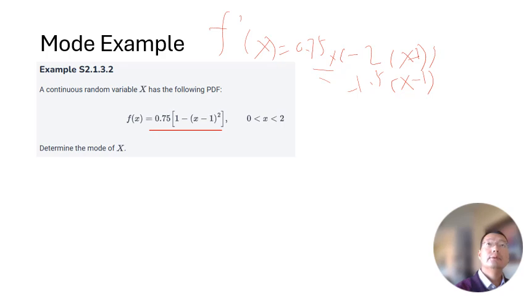And if you set this to be 0, then x equals 1. And to check what we said earlier, f''(x) has to be less than 0 in order for it to be a maximum. So let's just calculate f''(x) for the sake of it. f''(x) is, taking another derivative of f'(x), negative 0.5, which is less than 0. So, okay, we solved this problem.